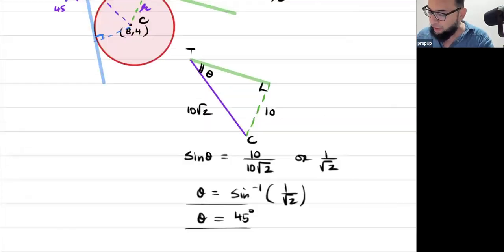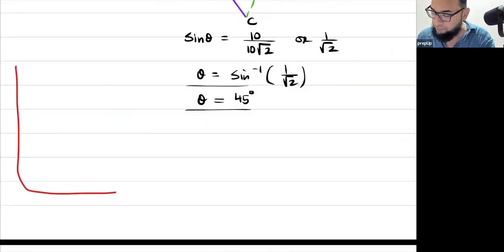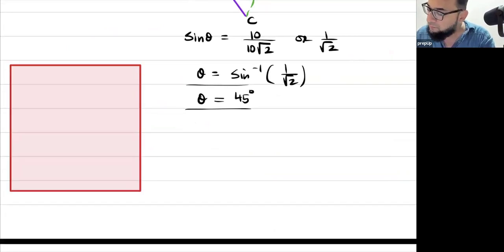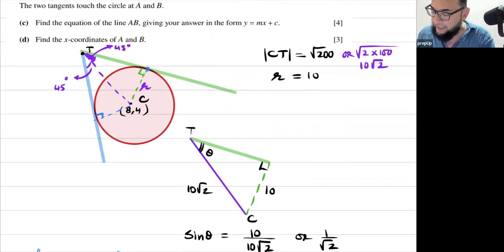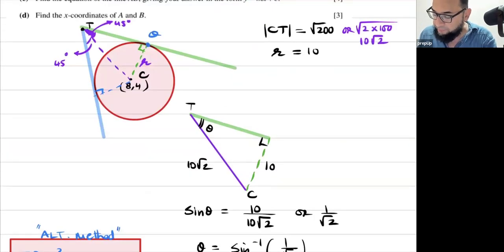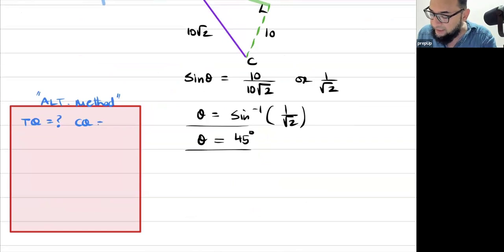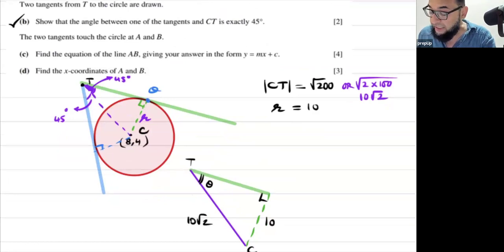Okay, so now the next method is basically this thing. Alternative method: let me call this point Q, triangle TQC. TQ is unknown, CQ is 10, and TC is 10 root 2.